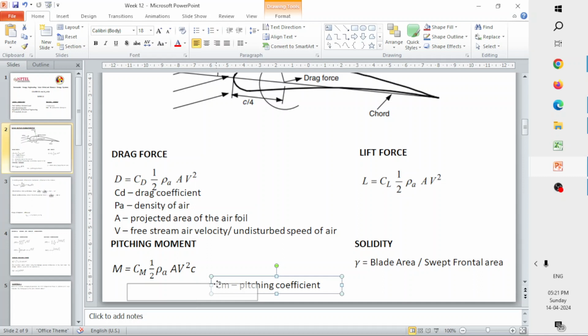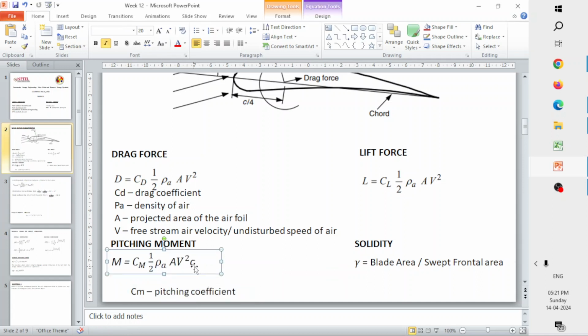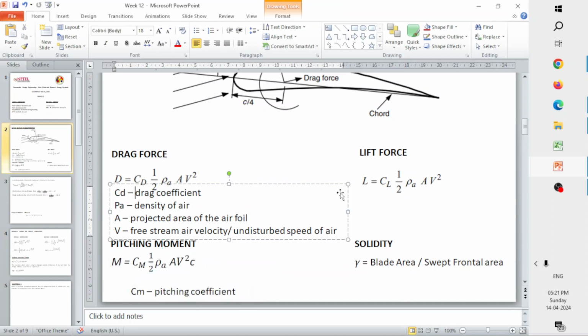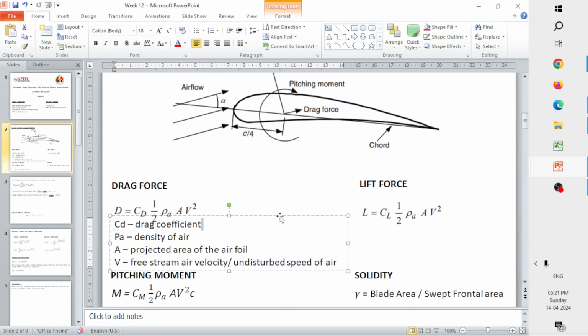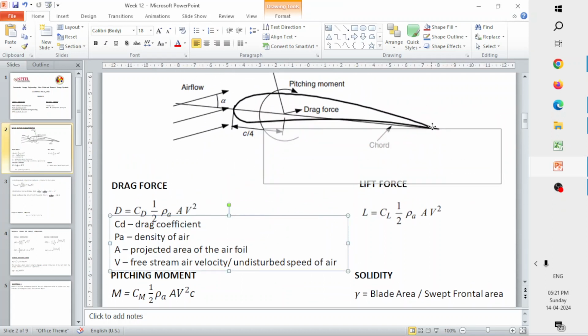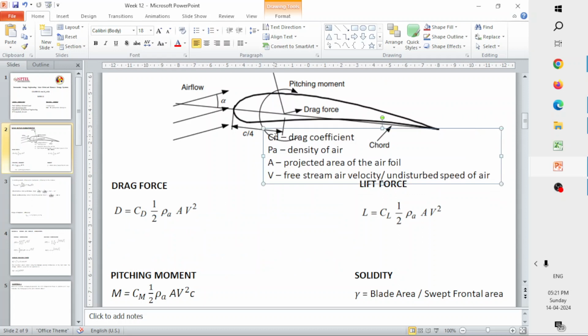And here you have an additional term. Let me just reduce the size.